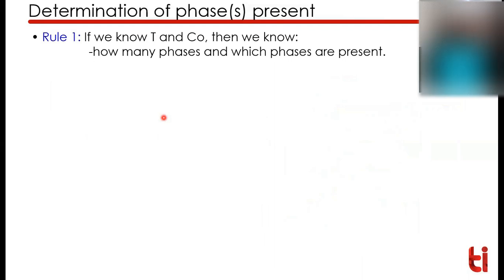Now suppose I have taken an alloy composition, and we know the temperature and the alloy composition, but we want to know how many phases will be present at that temperature for that composition.